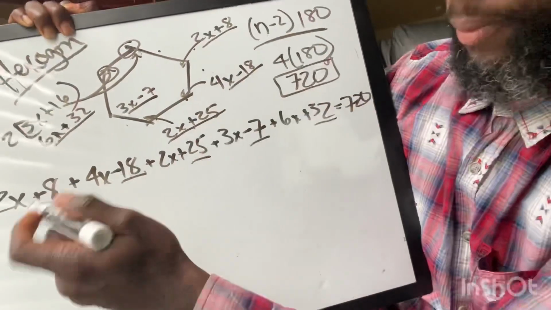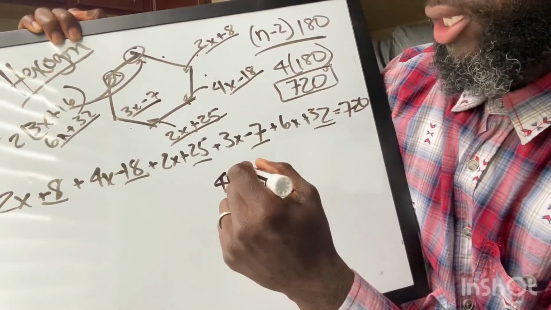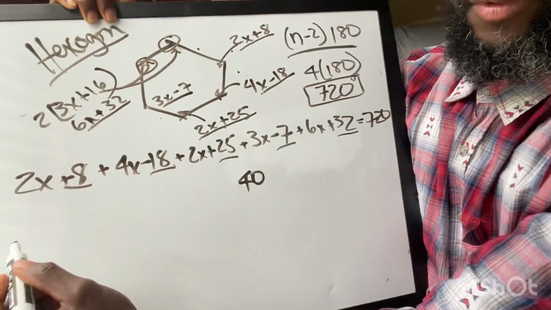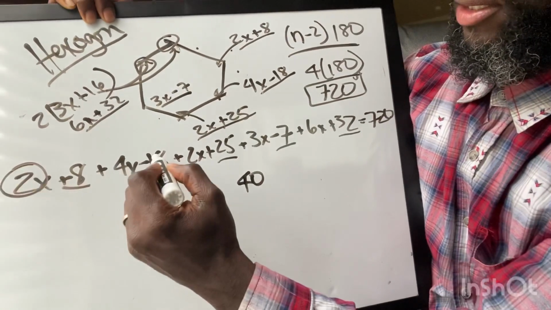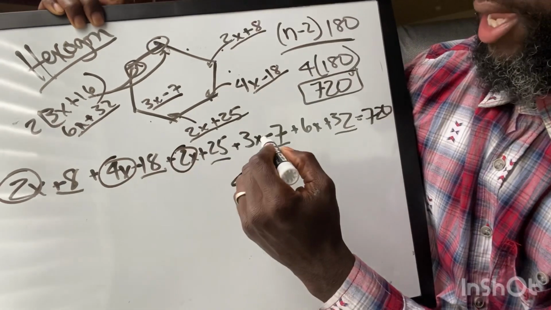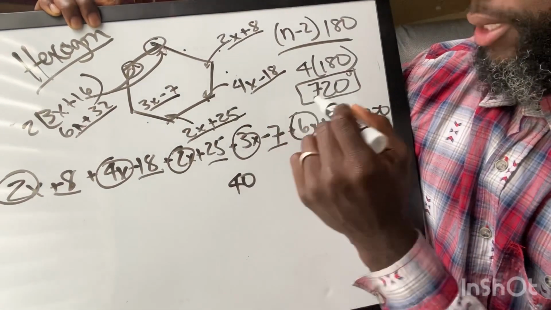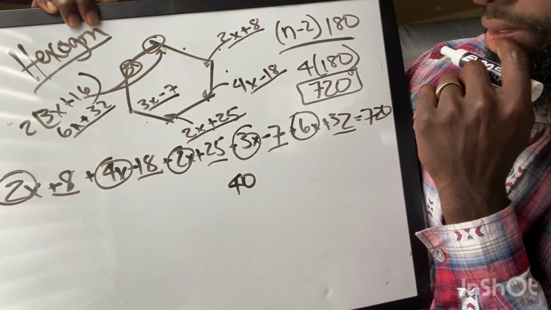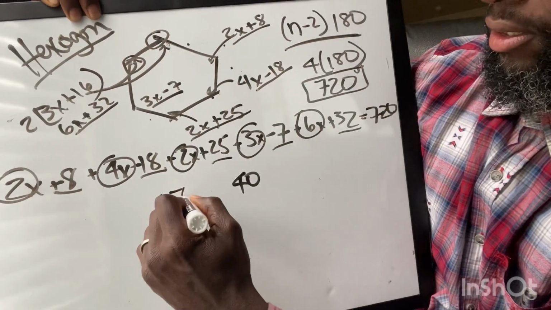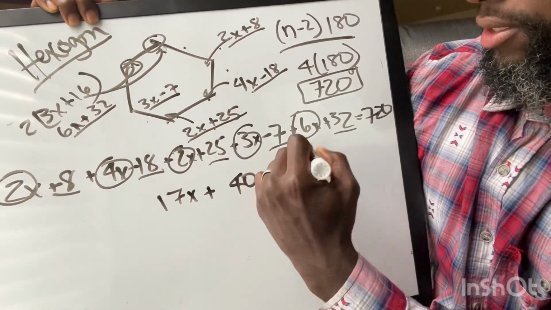So all of this we're going to simplify down to 40, and then we're going to add our terms with x's. So it'll be 2x plus 4x, which is 6x, plus 2x, which is 8x, plus 3x, which is 11x, plus 6x, which is 17x. So 17x plus 40 equals 720.